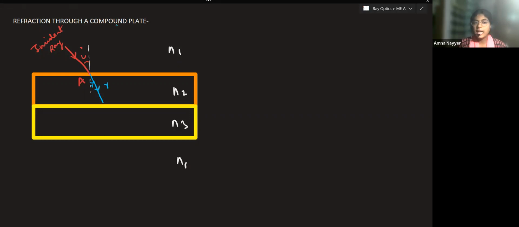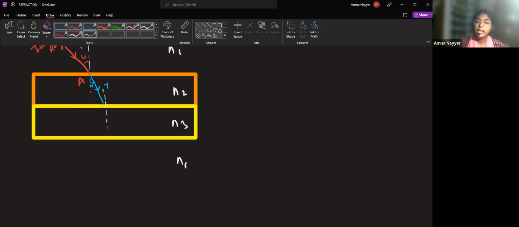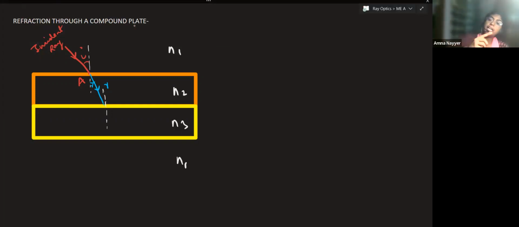Now, as it strikes this surface, because now this is not air again, you have to drop a normal again. And now the incident ray is the refracted ray of point A. At this point B, your incident ray is your refracted ray only.